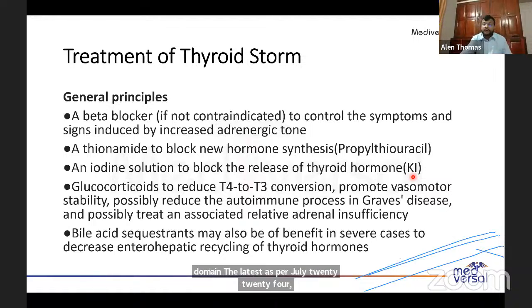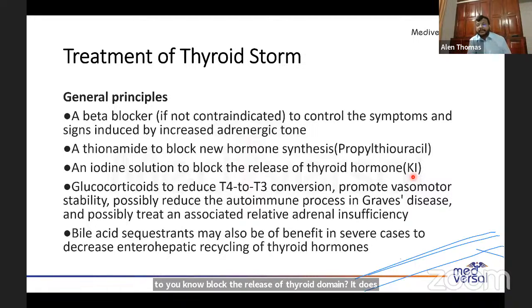You might have all heard of Lugol's iodine, but there's also potassium iodide. That solution is good enough to block the release of thyroid hormone. It does not say whether it is better than Lugol's iodine, but some patients may not tolerate Lugol's iodine, and sometimes when you give that orally, there is a possibility of local mucosal injury to the esophagus.